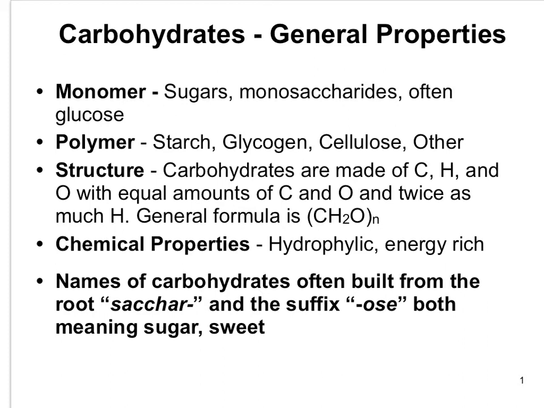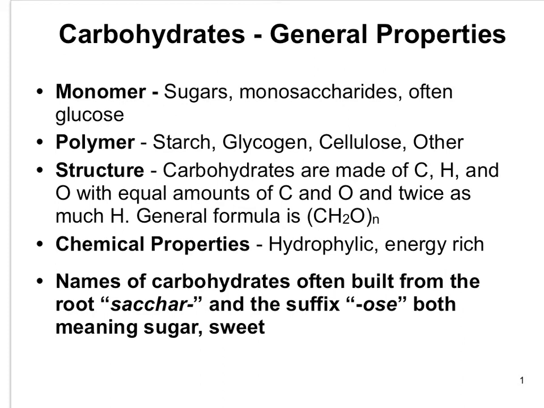Carbonate is carbon and oxygen. Carbohydrate is carbon, hydrogen, and oxygen. True carbohydrates have equal amounts of carbon and oxygen and twice as much hydrogen. So their general formula is some multiple of CH2O, carbon plus water.